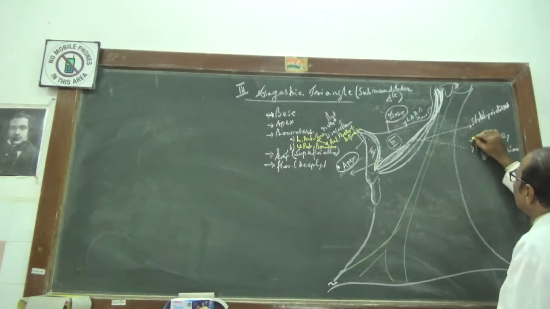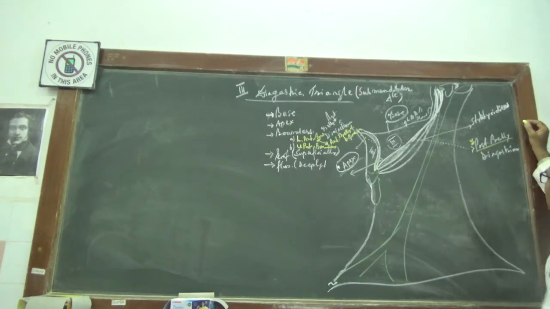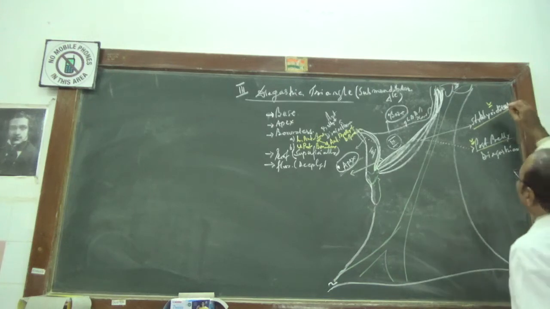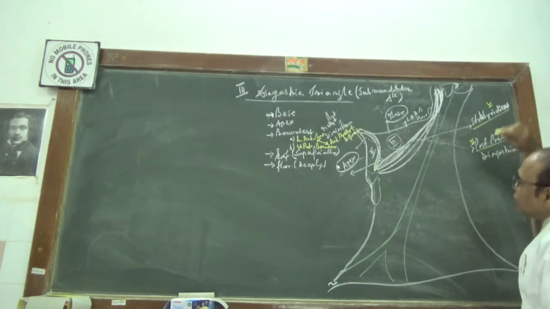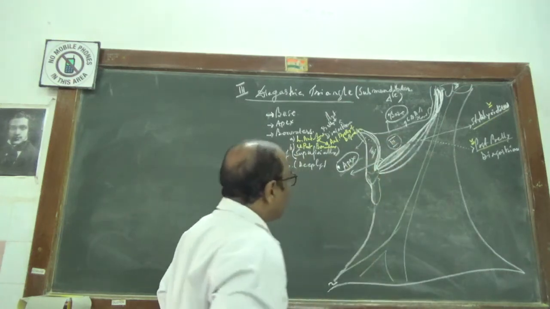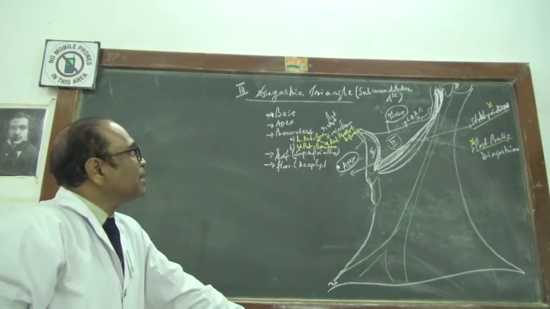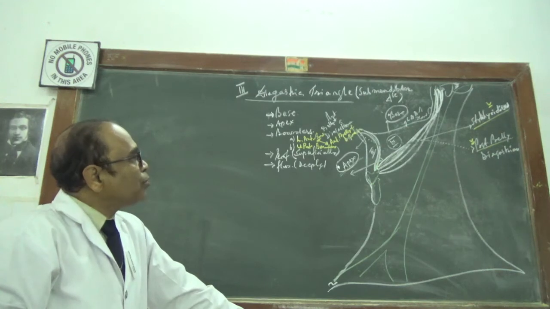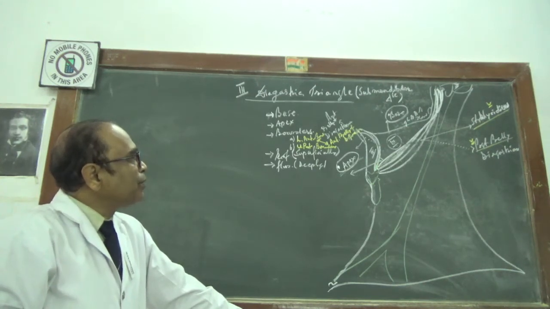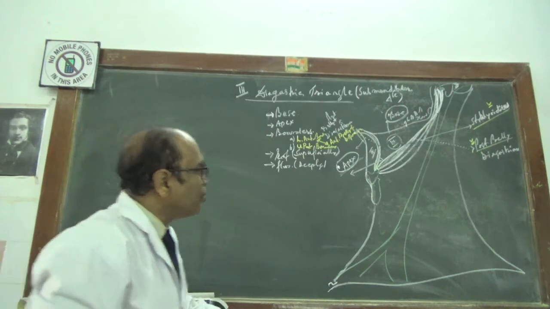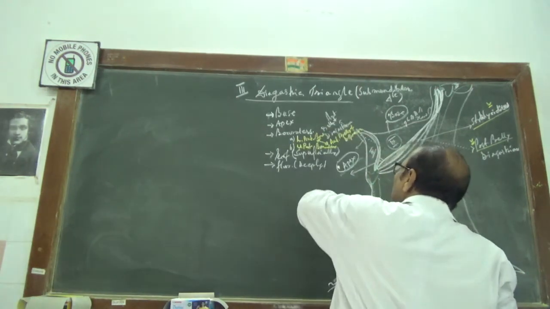One is the posterior belly of the digastricus, and beyond the posterior belly there is one muscle which is one of the suprahyoid muscle series, that is the stylohyoid. So these are the borders of the digastric triangle. You are going to have the anterior-inferior border and the posterior-superior border. Like that you have the borders.